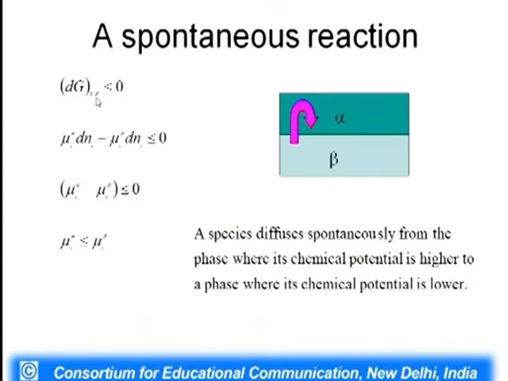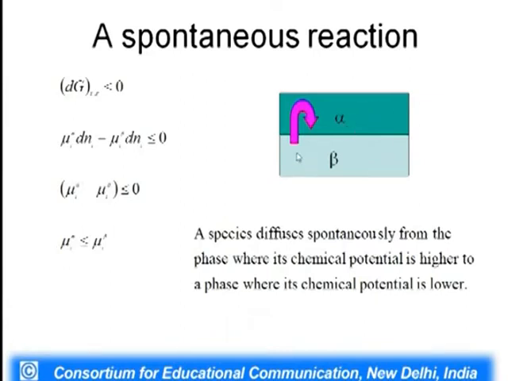At constant temperature and pressure, what you are left with is simply dG equal to sigma mu_i dn_i. Since I am taking only two phases, I am going to write dG as mu_i^alpha dn_i minus mu_i^beta dn_i less than or equal to 0, where mu_i^alpha is the chemical potential of the ith component in alpha phase, and dn_i is the change in the amount of component i in alpha phase.